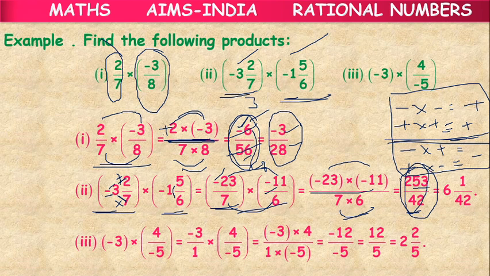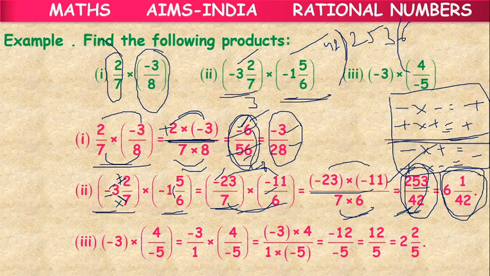But here the numerator 253 is greater than the denominator 42, so there is a possibility of representing it as a mixed fraction. 42 times 6 gives 252. The remainder will be 1.